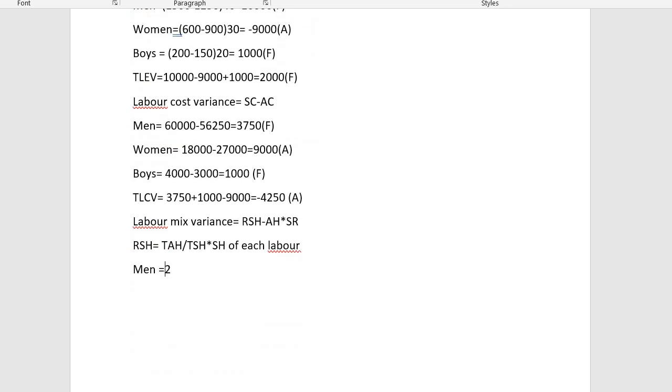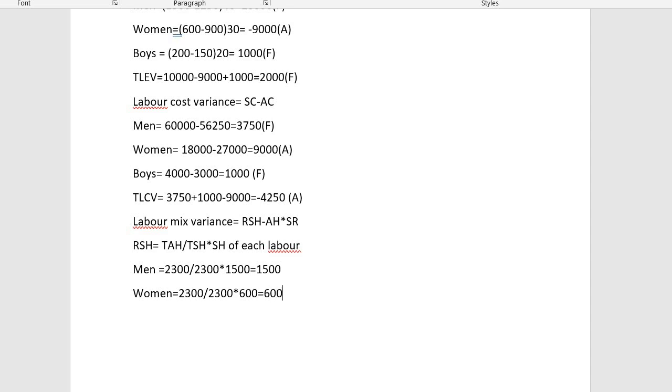So 2300 divided by 2300 into the standard hour of each labor. The standard hour of men is 1500, so the answer will be 1500 itself. Next for women, same, 2300 divided by 2300 into 600.